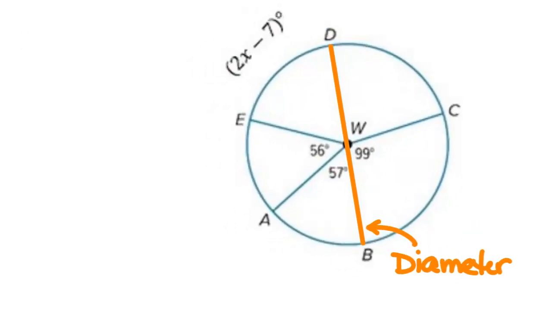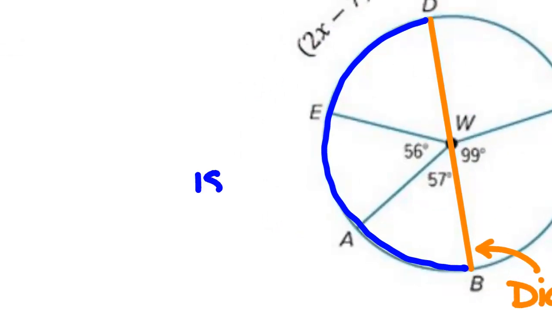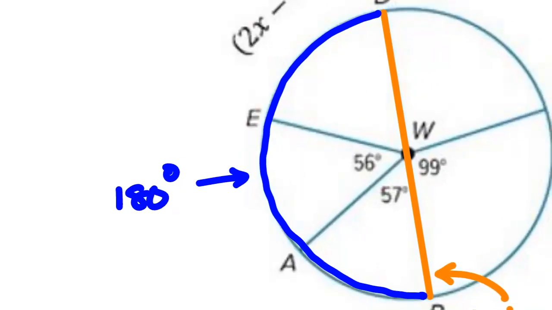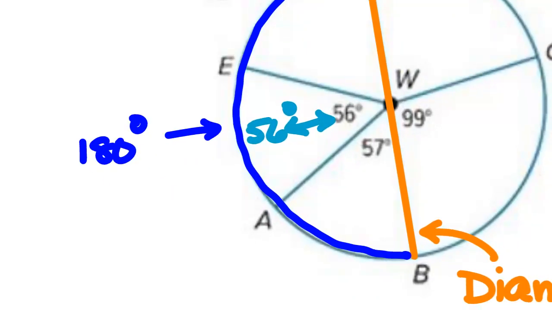So how many degrees would arc DEB be? 180. Well, arc EA is 56 degrees because it's the same as the measure of its central angle.